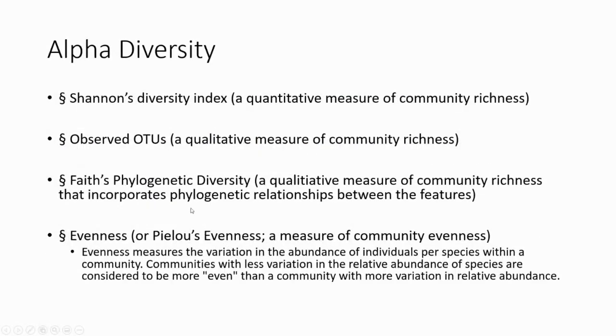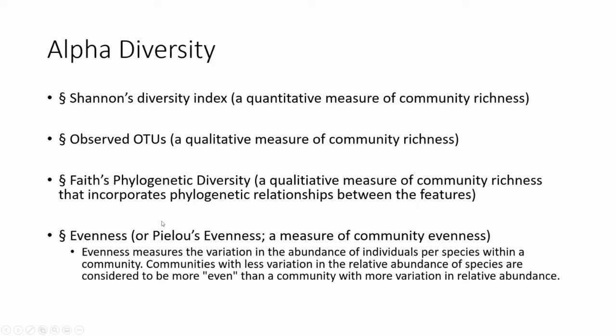For the alpha diversity, there are also different indices that you will need to know, like the Shannon diversity index, which is a quantitative measure of community richness. And the observed OTU is just a qualitative measure of community richness, the amount of species. Faith's phylogenetic diversity, or PD, is a qualitative measure of community richness that incorporates the phylogenetic relationship between the features.